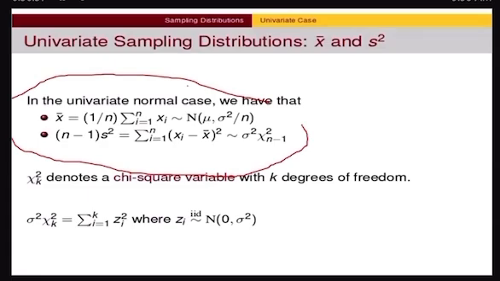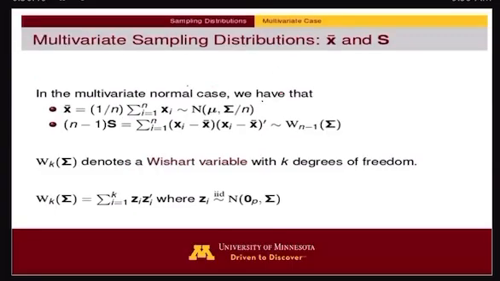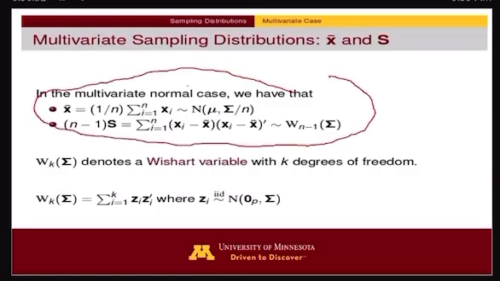But if you want to extend this to the multivariate case, I need you to pay attention now. The first one, the sample mean vector: even if its distribution is non-normal initially, with a large sample size it is going to be multivariate normal.